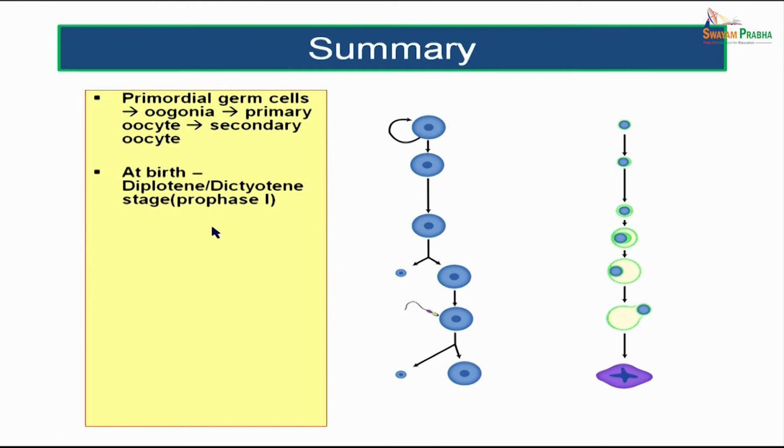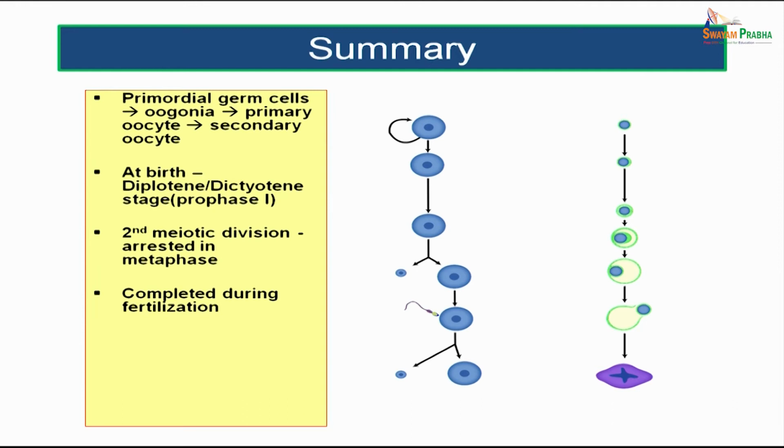At birth, what is the stage of the oocyte? It will be in the diplotene or dictyotene stage of prophase I, and the second meiotic division will be arrested at metaphase just before ovulation, and will be completed only during fertilization.